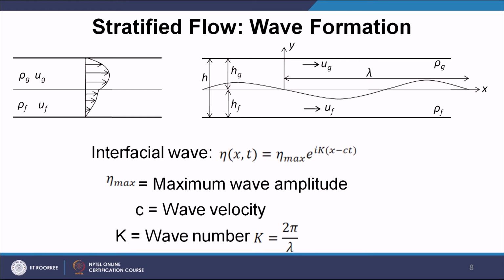Now, if you impose the wave over here, okay, let us take the wave equation as eta(x,t) is equal to eta max into e to the power i(kx minus ct), where we know that in this type of waves k is the wave number represented by 2 pi by lambda, where lambda is the wavelength, and c is the wave velocity, and eta max is the maximum wave amplitude. Okay. So, if we impose this wave, this will be looking like this.